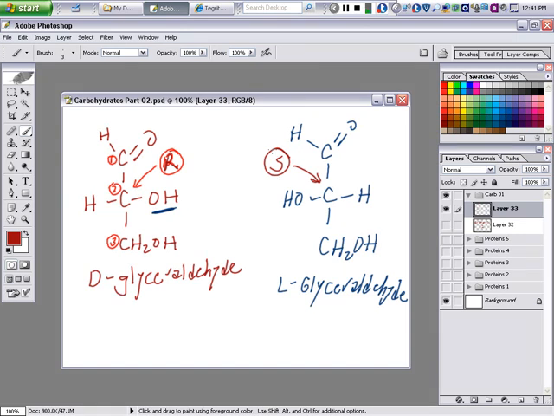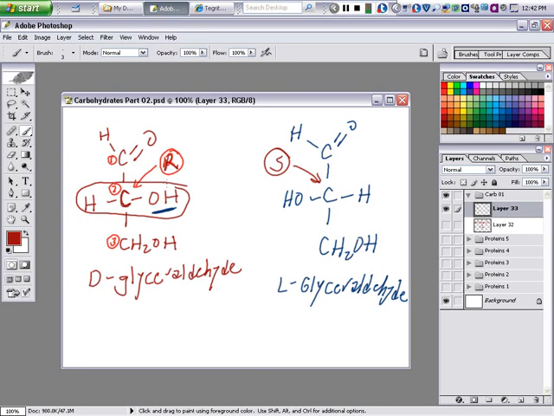Now, let's go to a 4-carbon compound. Whenever you add another carbon, and you still want to keep D, you keep this configuration here, and you just add another carbon at carbon 2, and you move the 2 down to 3.